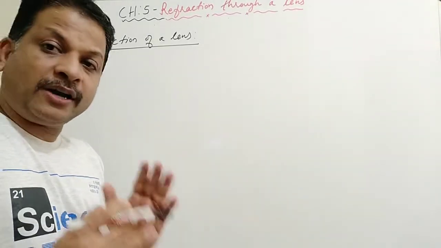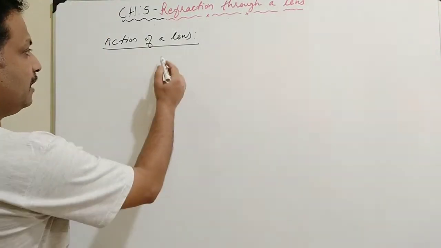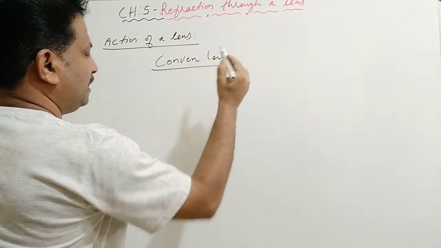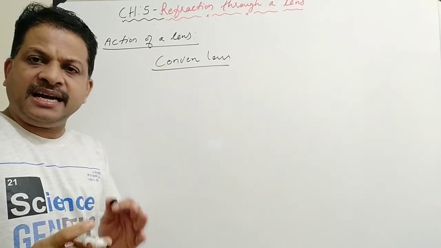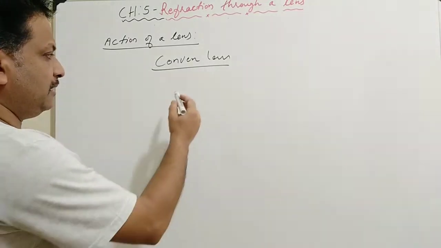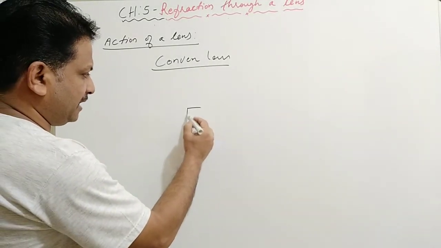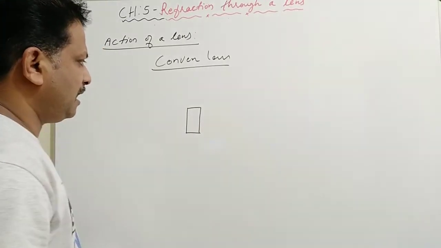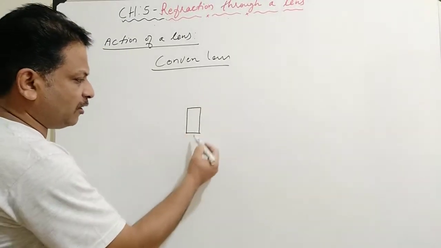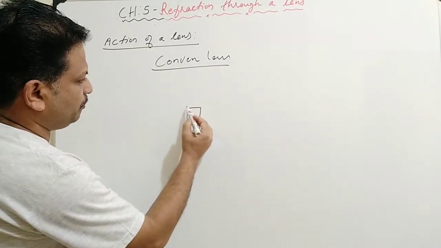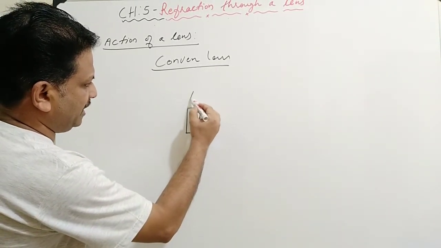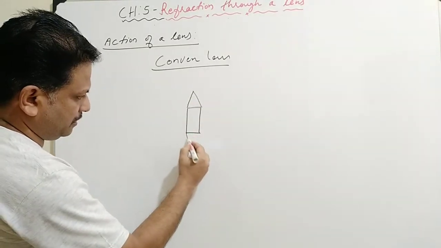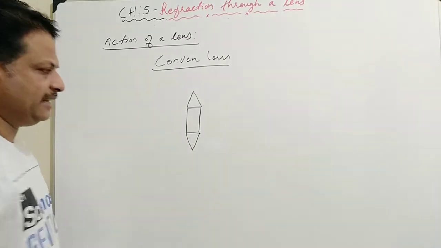Now let us see how a convex lens is made up. A convex lens is considered as being made up of a rectangular glass slab at its middle and two prisms on either side of the glass slab.